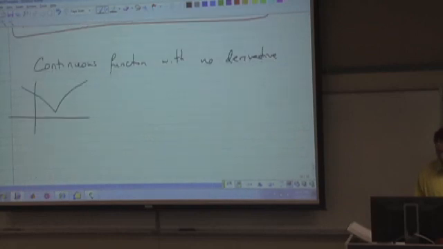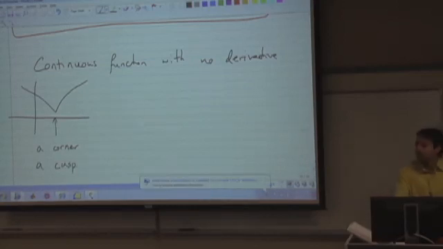It'll have a sharp turn. It has a corner, a sharp turn, a cusp, or however else you want to call it. Does this make sense? Everybody understands this? Okay.